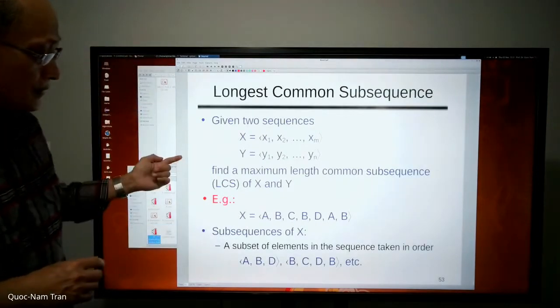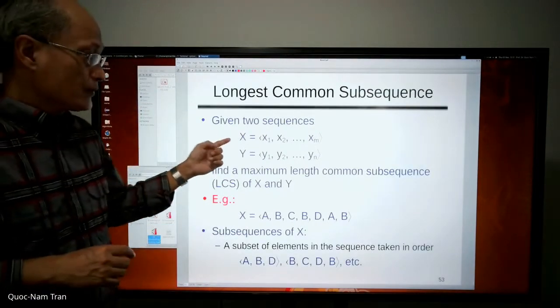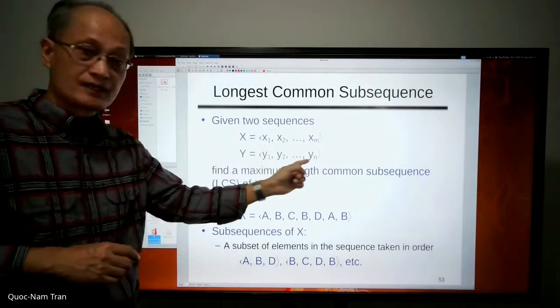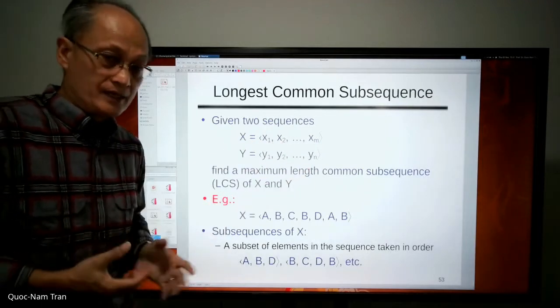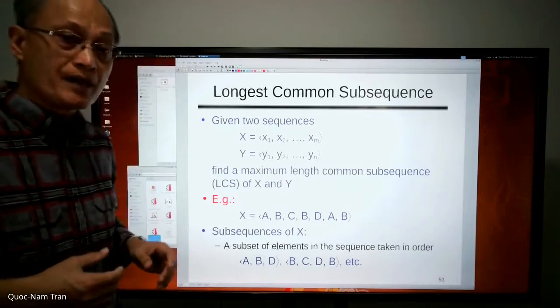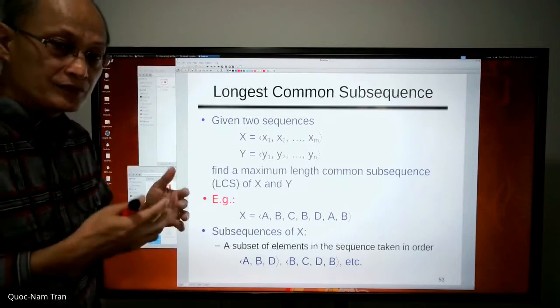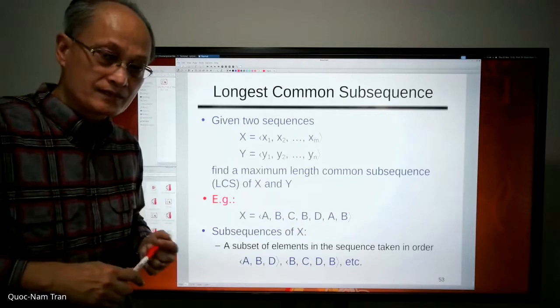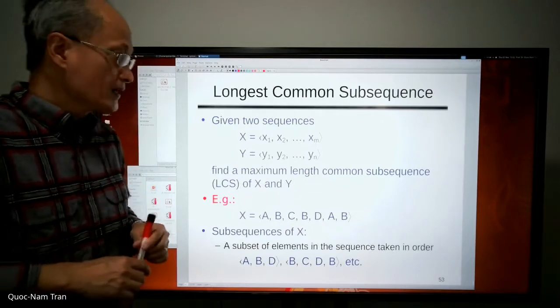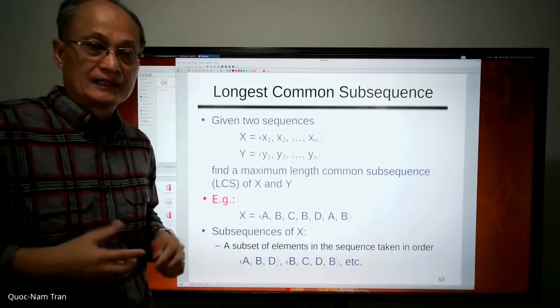So the problem we have here is that we are given two sequences. In computational biology, it means we have two sequences of genes, but it can be anything.